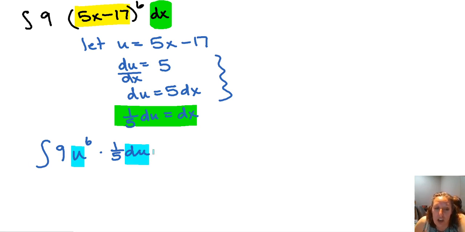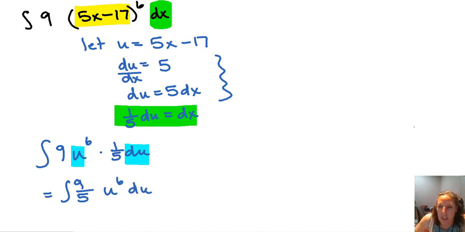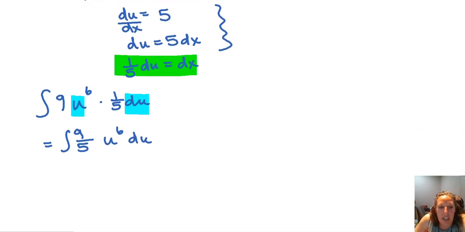If this is not all in terms of whatever the variable is that we're dealing with here, if we still have x's left here, then we're either not done with our substitution or it cannot be done using this integration method. Alright, so if we clean this up just a little bit, we can multiply our 9 and our 1/5, and we get 9/5 times u to the 6th. Now we are ready to go ahead and integrate this.